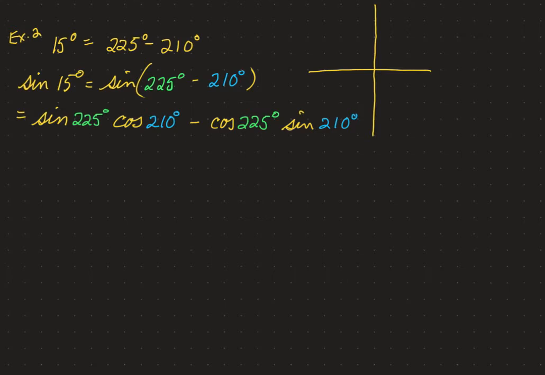Since I already have these color-coded, let's go ahead and figure out where we would graph them on that Cartesian axis. There's 180 degrees, and each of these would be beyond that. In fact, 225 would be 45 beyond that. So somewhere around there.